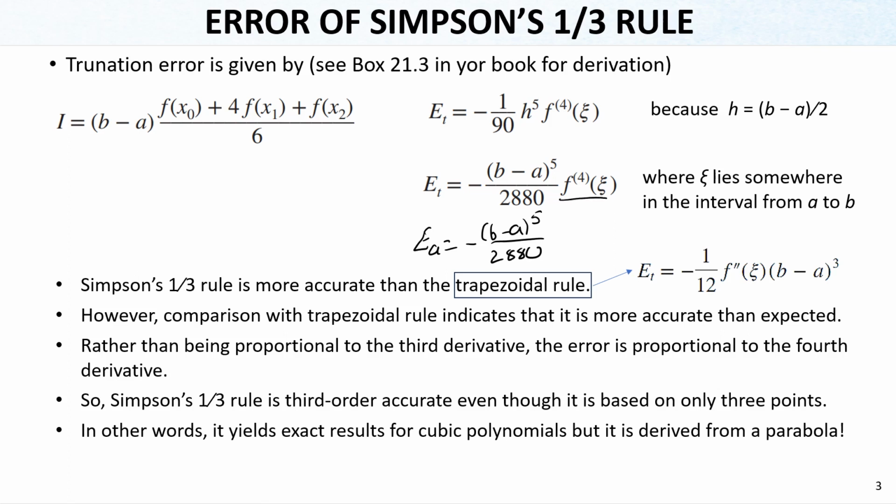But because we don't know this, instead we take the average of this fourth derivative, which is similar to the trapezoidal rule, where we took the mean. Now we are taking the mean of the fourth derivative, which gives us this, and this shows the mean. We will use the mean function. We will show this calculation of error in the example for Simpson's rule in the following slides.